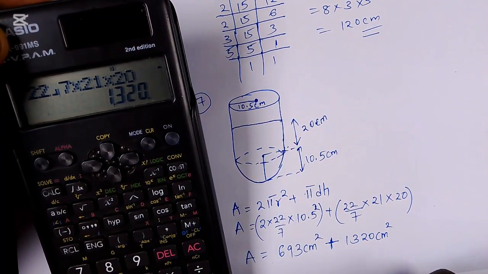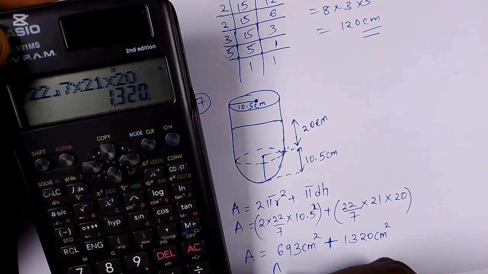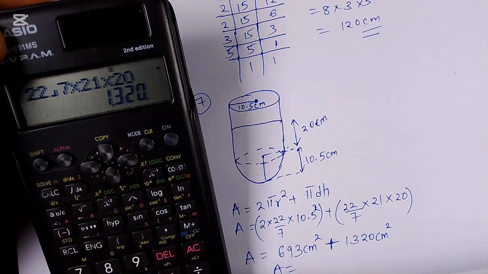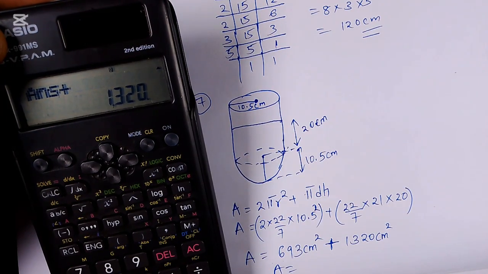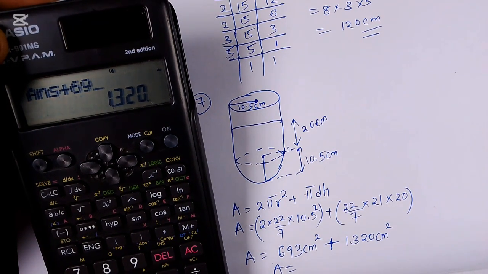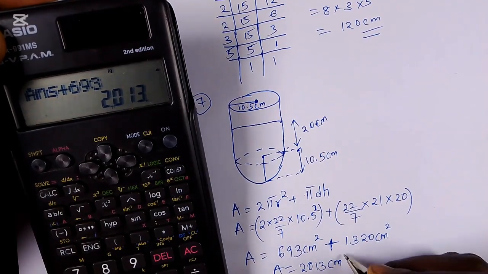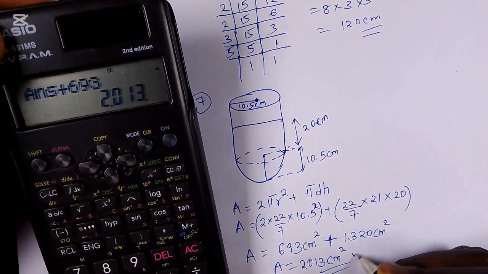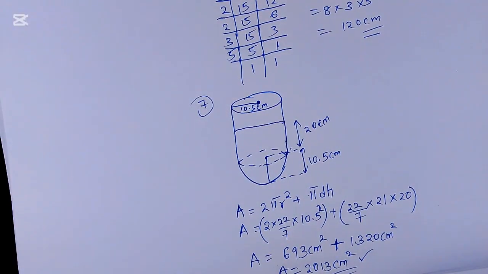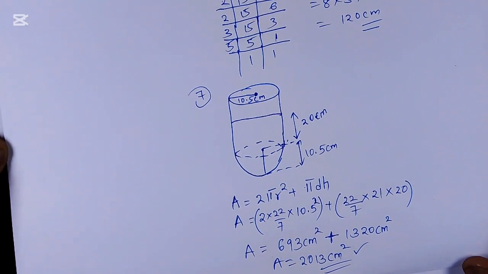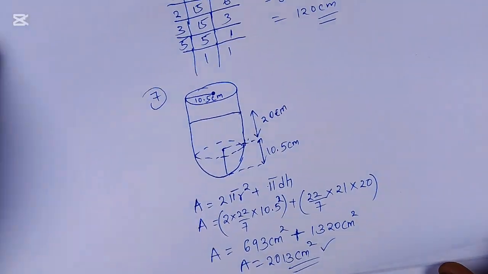So that will give us a total of 693 plus 1320, that will be 2013 centimeters squared. So that will be the total surface area in contact with the water.